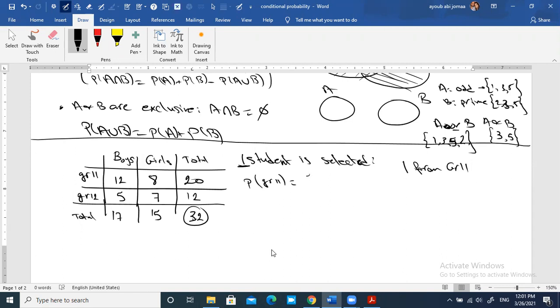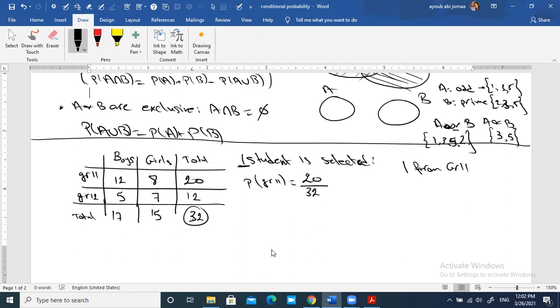So 20 over the total number of choices. To select one student from this class, I have 32 choices, because the whole class together has 32. So 20 over 32. Right? Clear?